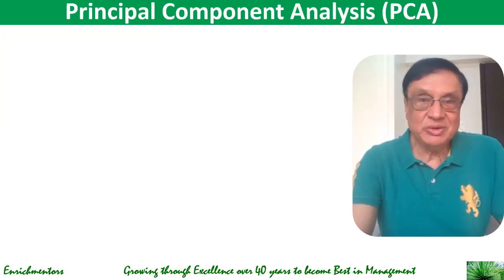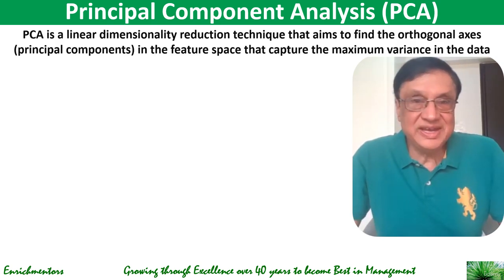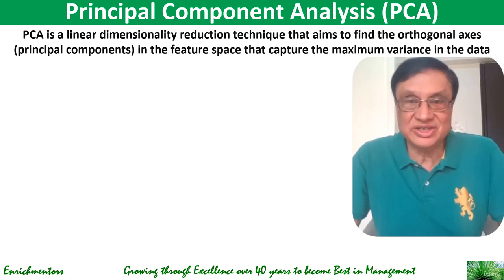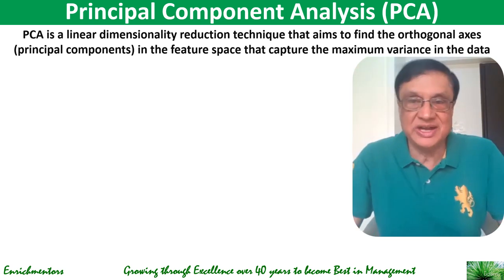So the question is, how can you use principal component analysis? First, let's understand that PCA is a linear dimensionality reduction technique. What it does is it finds the principal components, what are called orthogonal axes, in the feature space that capture the maximum variance in the data.